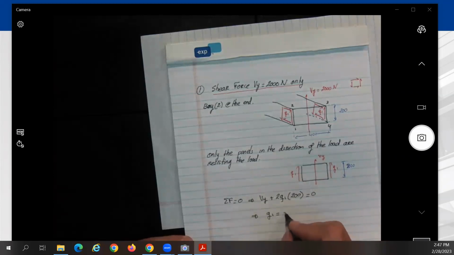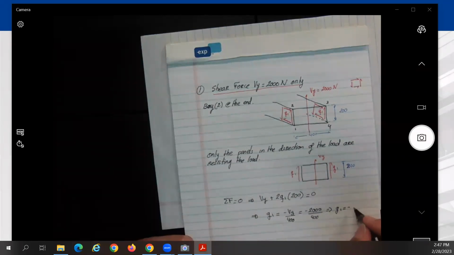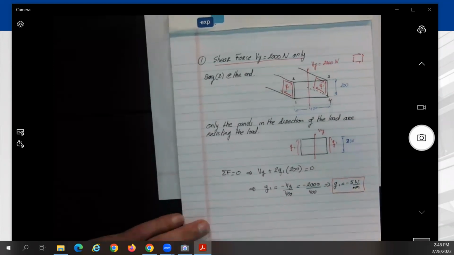That will be equal to minus Vy over 400, which will be minus 2000 over 400, which means that Q1 is equal to -5 newtons per meter.